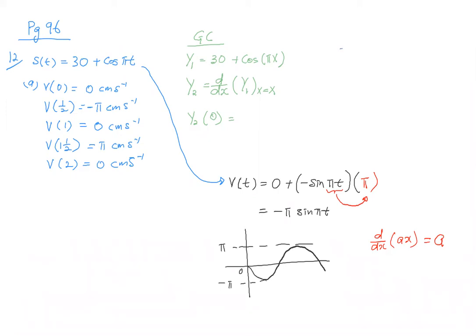This is the position of the cork. So this is S(t) equal to 30 plus cos pi t, S(0). So what is it? Can someone tell me the value?